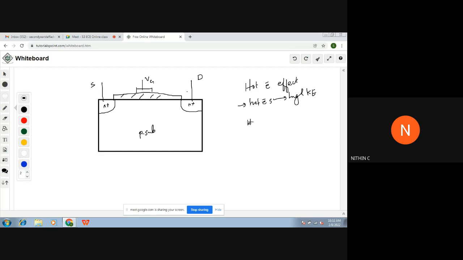You can say that electric field has to be high for creating hot electrons. That is of the order of 10 raised to 5 volt per centimeter. ഈ ഒരു order, if you are having electric field, then we can say that we will be getting hot electrons or electrons with very high kinetic energy.